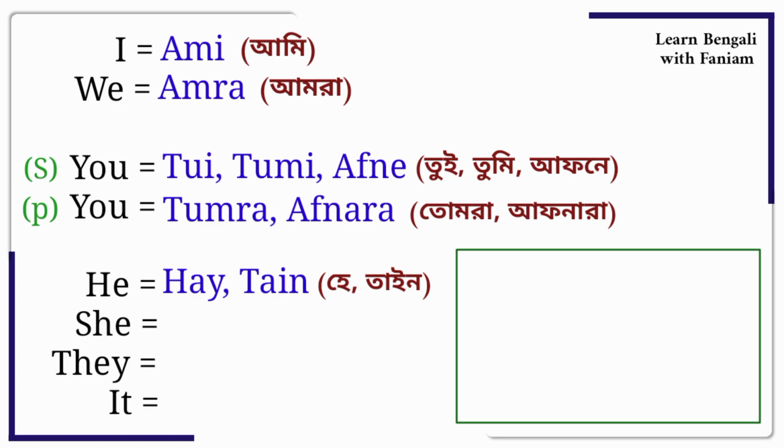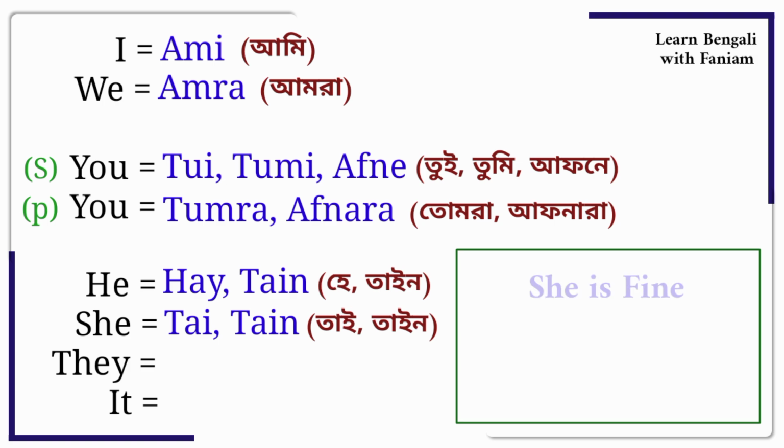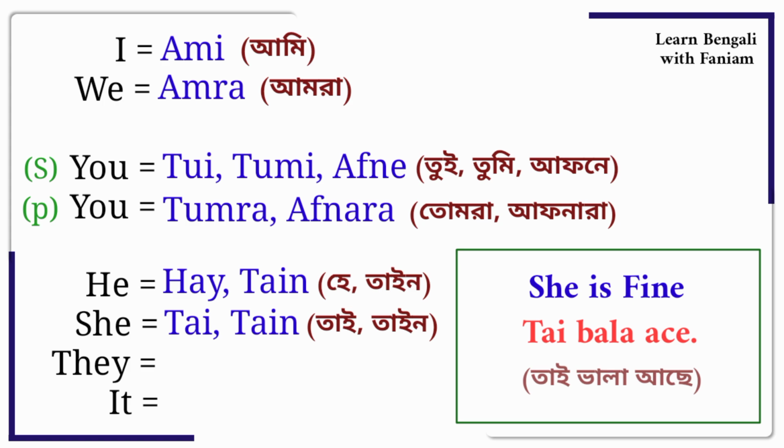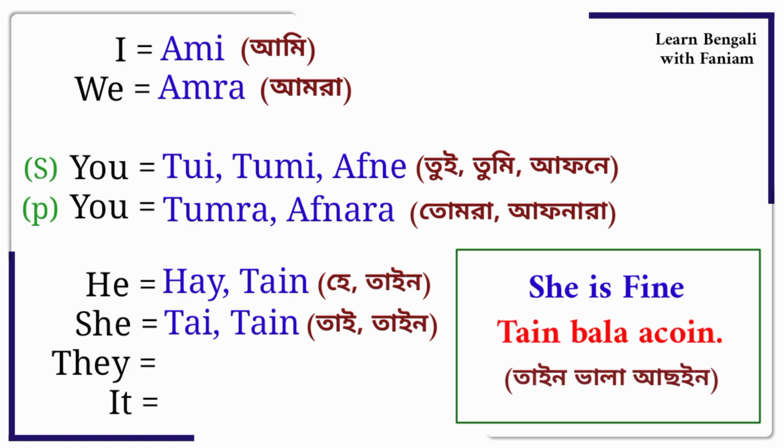And then she, also the same. Two pronouns. The first one is for informal and the second one is for formal. Let's go through an example. She is fine. Thai bala ase. Or she is fine, thine bala asoin.